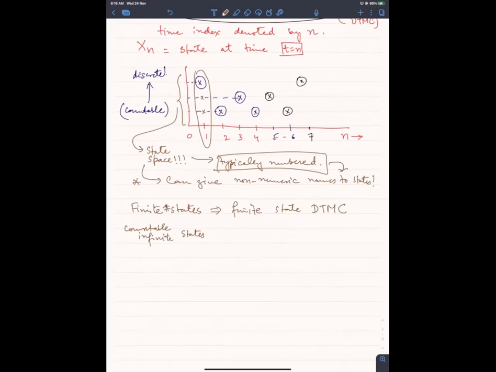It is countable but it is infinite. Okay, so countably infinite states, this is called an infinite state or just infinite DTMC. Still discrete time, and still it is a Markov chain.